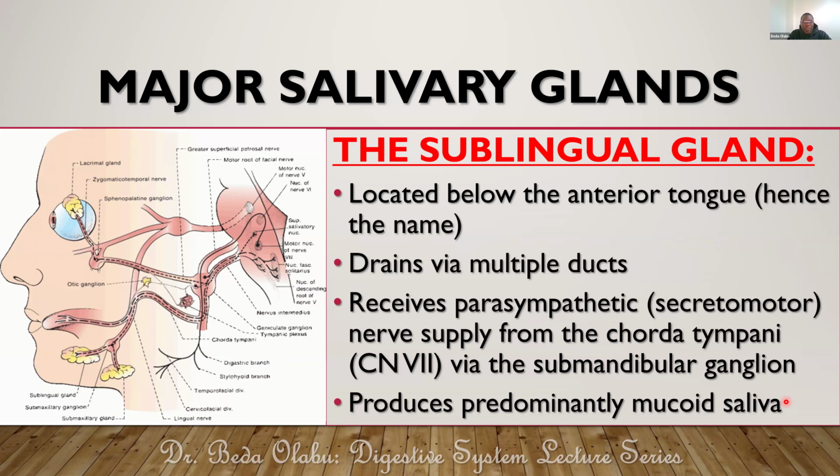Now, take note of something. The farther a gland is from the oral cavity, the more its secretion will be serous, because serous secretions will not struggle traversing that long path to reach the oral cavity. But you cannot have a predominantly mucus gland far away from the oral cavity.